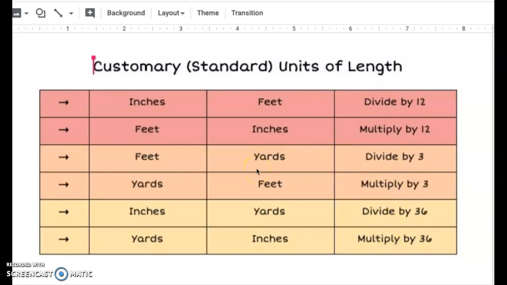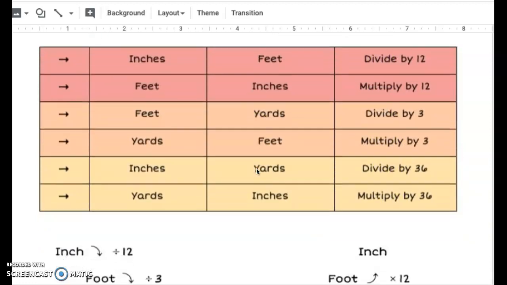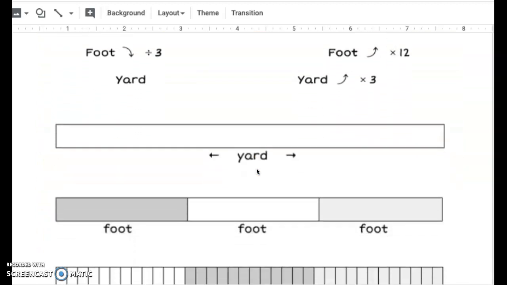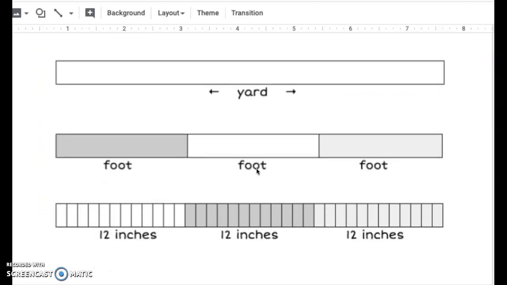What I find for myself and for most of my students is that it is much easier to simply picture this portion of the help sheet on this second slide. Here we see a big yard stick, as we usually call it. It's broken up into 3 feet because 3 feet or 3 rulers make a yard.